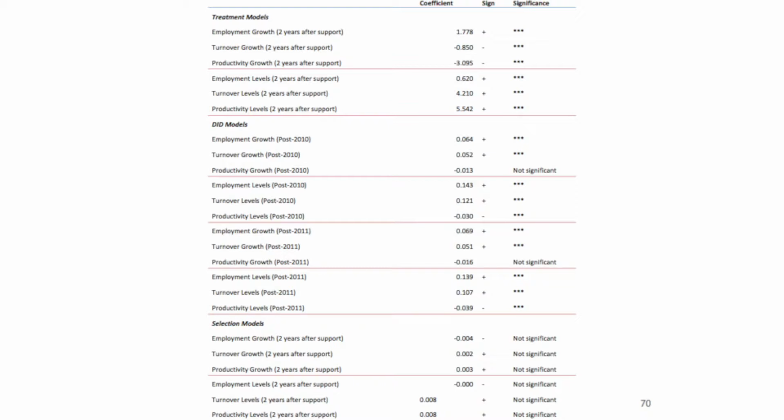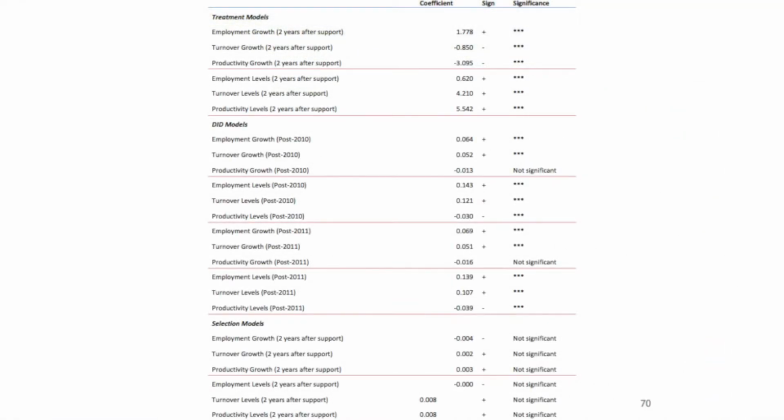What they give me out of the statistical analysis is a set of coefficients as to whether, from the work they have done, there is a correlation between employment growth or turnover growth or productivity growth and the intervention that has been made. On employment growth, 2 years after support, there's a coefficient of correlation of 1.78 on the intervention, which is positive.